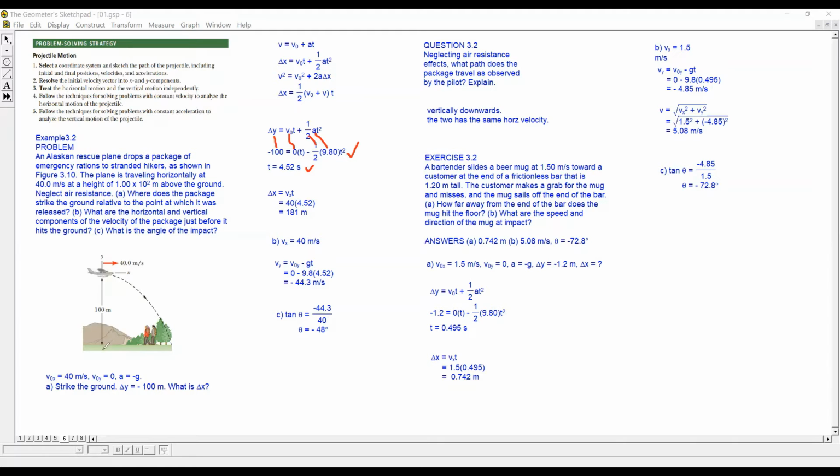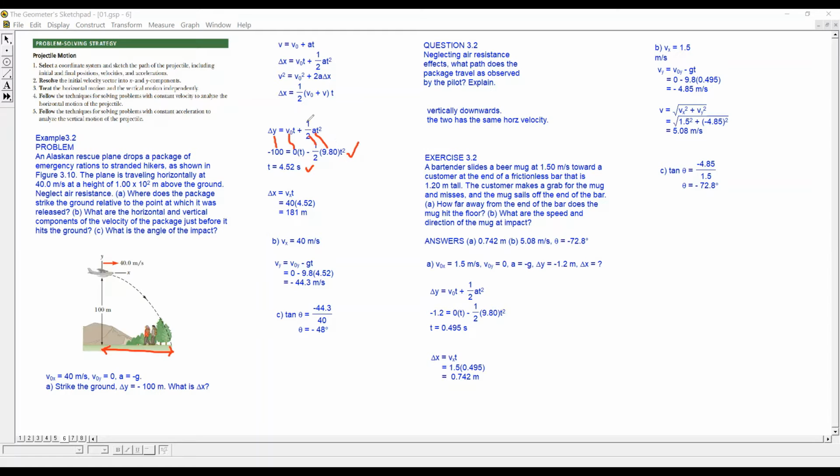We want to find what is the distance here, right? What is this distance here? So in order to find the horizontal distance, we refer to the horizontal component of the velocity multiplied with time. The horizontal component is not affected by gravity, so the distance is velocity times time, that's all.